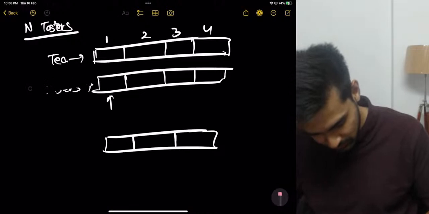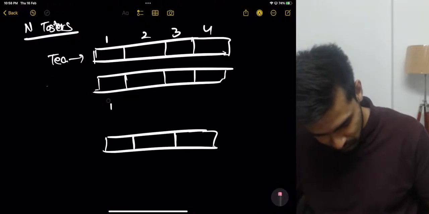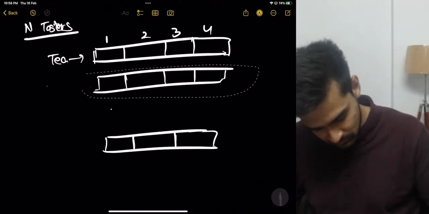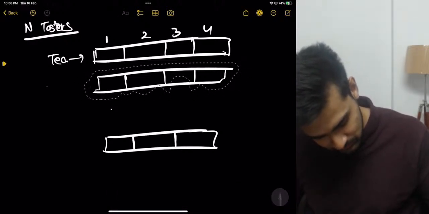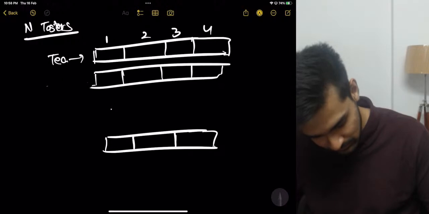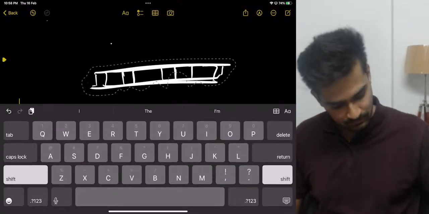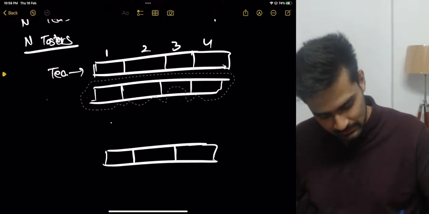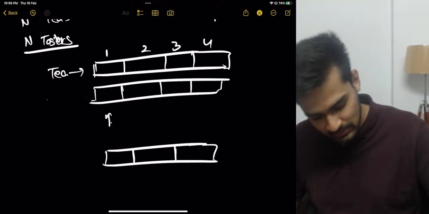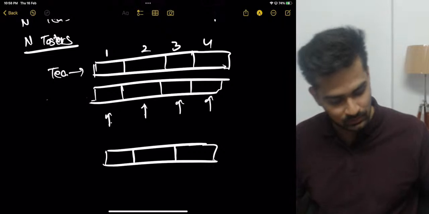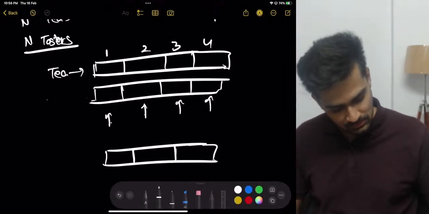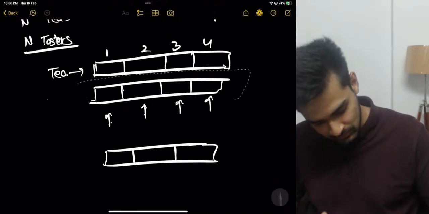Right now, all these people are tasting. This person is tasting this one, this person is tasting this one, and this one. After one turn, what happens? Everything moves.